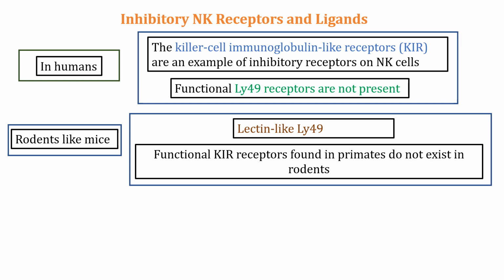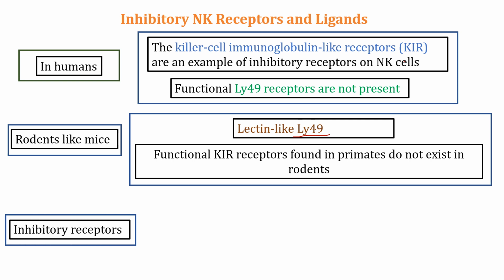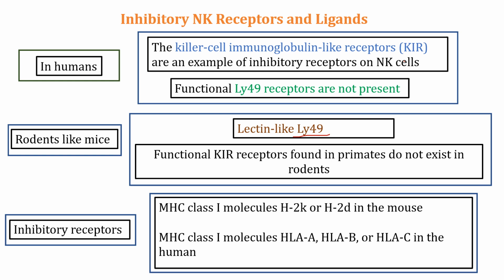Both KIR and Ly49 are diverse and polymorphic. Polymorphic refers to the existence of multiple forms or variants of a particular gene or trait within the population. The inhibitory receptors are generally specific for polymorphic regions of MHC class 1. For example, KIR particularly binds to a particular MHC class 1, which is different from the normal MHC class 1. Here we discuss MHC class 1 molecules produced by the genes H2K and H2D in the mouse.